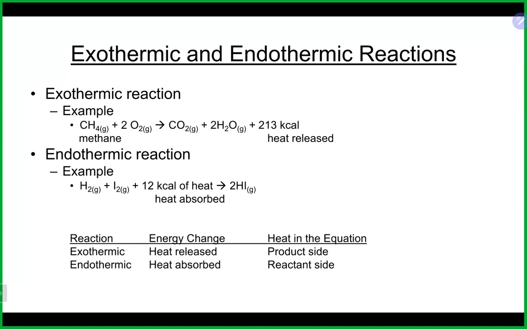Sometimes, and very rarely in this class and most of the classes you'll take, people will actually put an energy value on one side of the arrow. The energy value on the product side usually indicates that it's an exothermic reaction. So we think of heat and energy as being like a product.